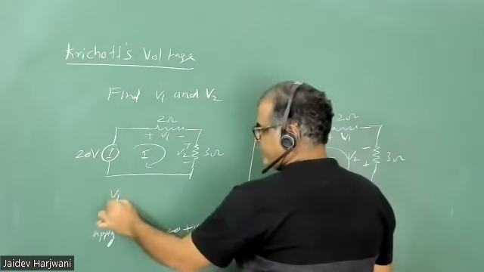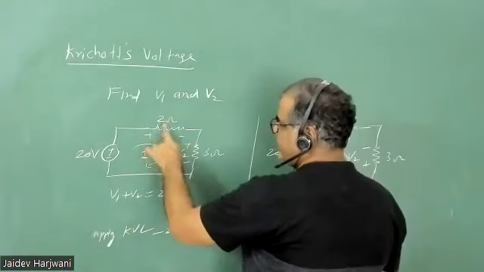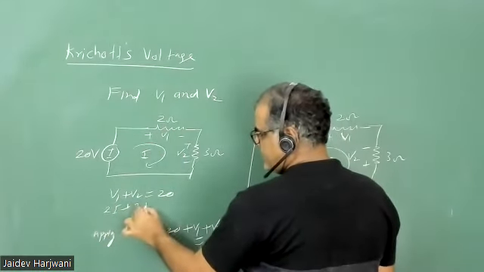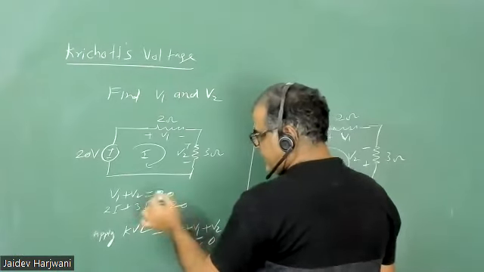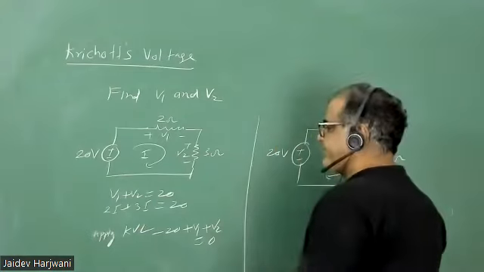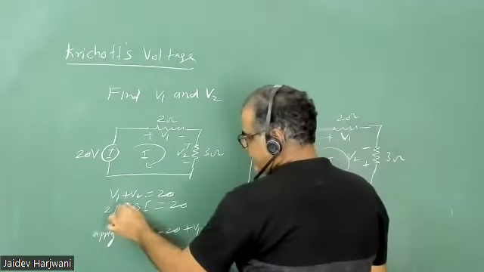V1 plus V2 is 20, and V1 is 2 into I, so this is 2I and this is 3I equals 20. 2I plus 3I equals 20. From here, you can calculate the current.